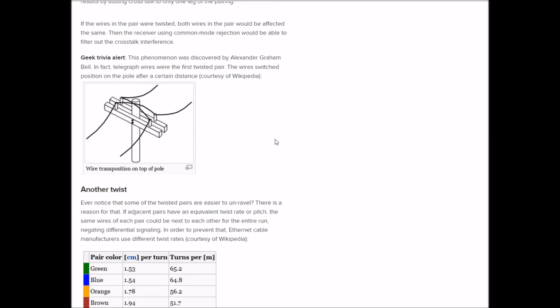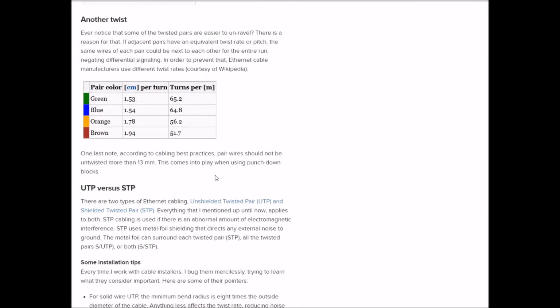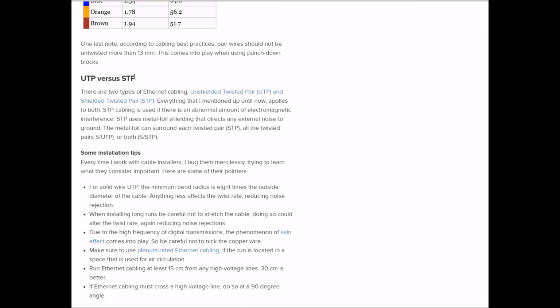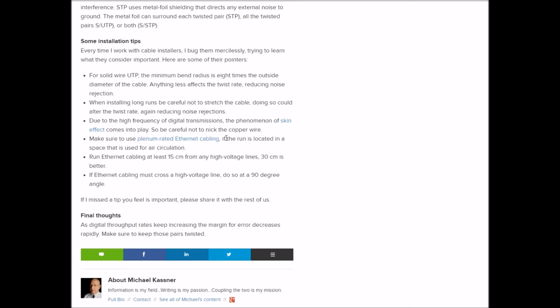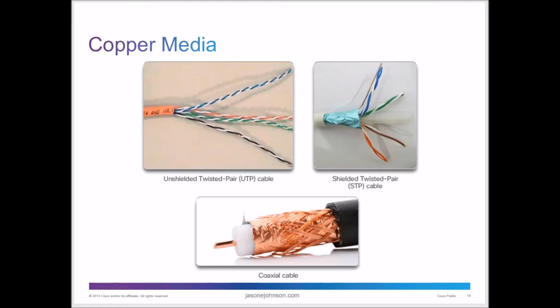Another term that you're going to become familiar with is attenuation. And so that's why we twist wires. This page talks about unshielded twisted versus shielded twisted, and it just gives some really good information. And like I said, it's a little bit older article from 2010, but it's still very relevant to networking today.